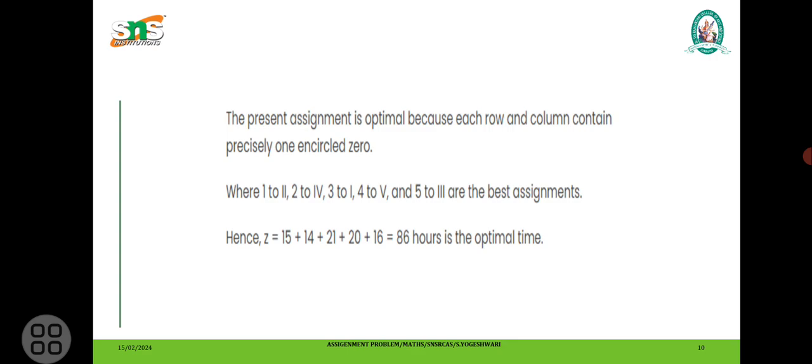So when we allocate the jobs to the persons: the first job goes to the second man, the second job to the fourth man, the third job to the first man, the fourth job to the fifth man, and the fifth job to the third man. These are the best assignments.